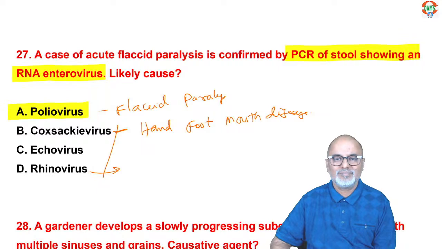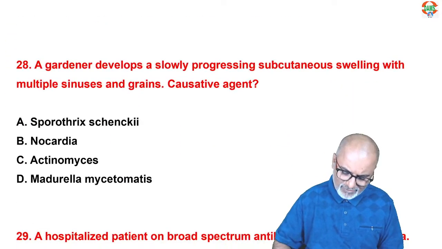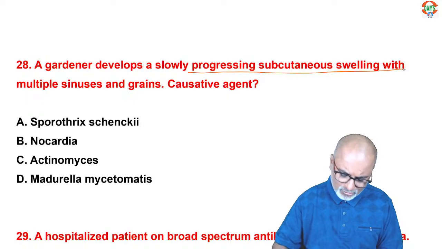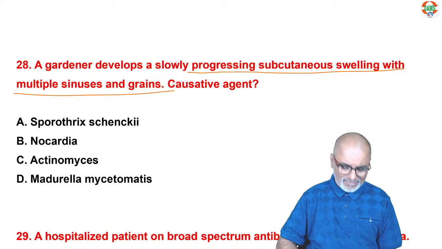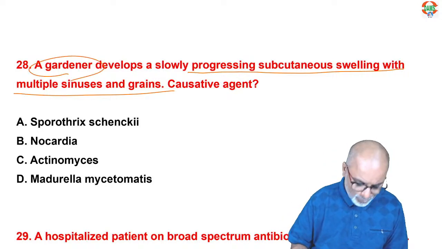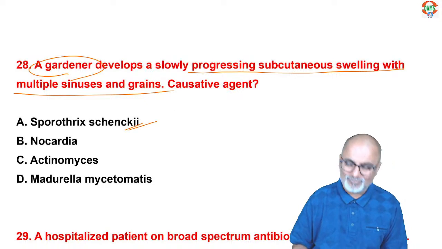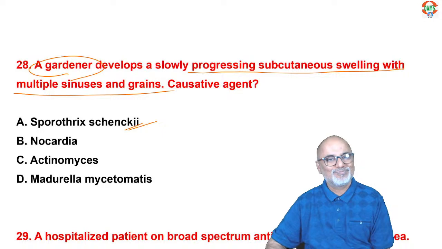Okay, right. Next, a gardener develops slowly progressing subcutaneous swelling with multiple sinuses and grains. After seeing the gardener, immediately the mind will go to Sporothrix. Usually, Dr. Surya kept a trap for you.